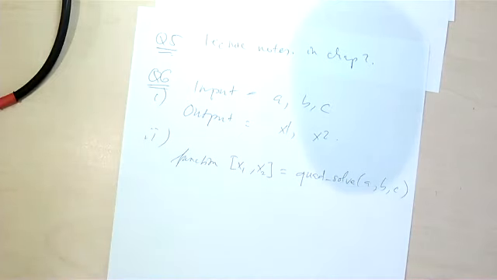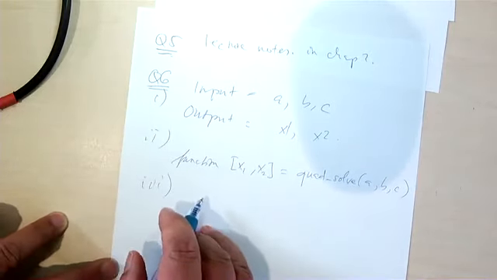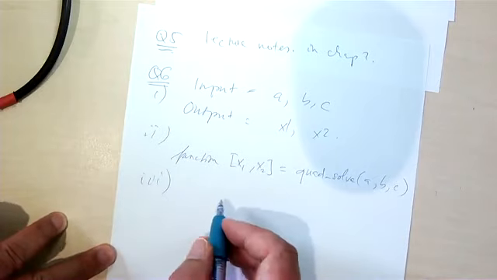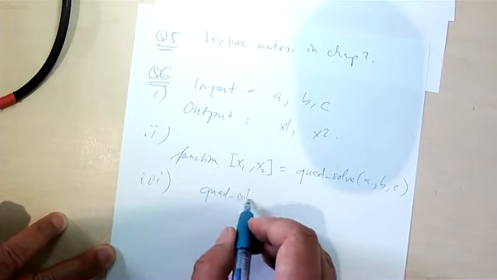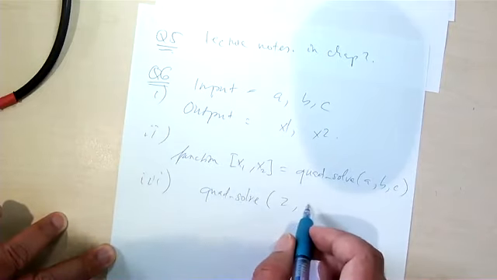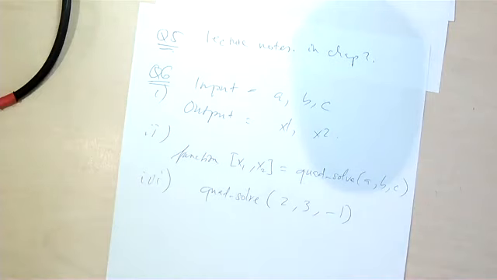And to use the function, this is related to the lab in the second week. So you just write quadsolve 2, 3, minus 1. See, I don't ask you to write the full program, but I just ask you to write the first few lines.